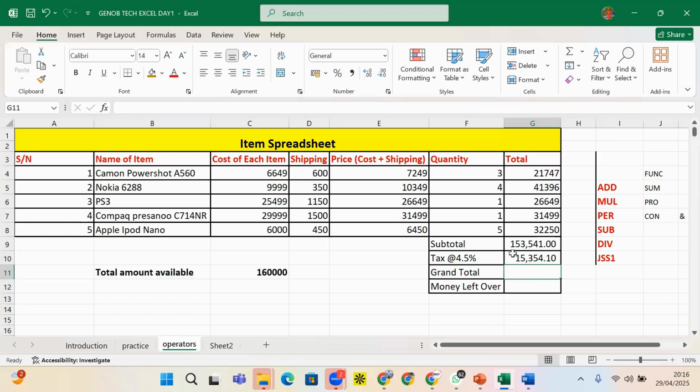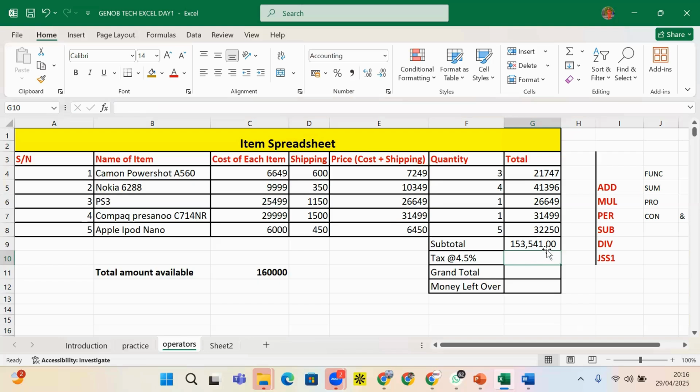Let's assume that you are earning 150,000. Of course, the tithe you pay will be 15,000 naira, isn't it? So now we are not paying 10%. You are paying 4.5% of this money, which is your subtotal, the total cost of the items you bought from that region, right?